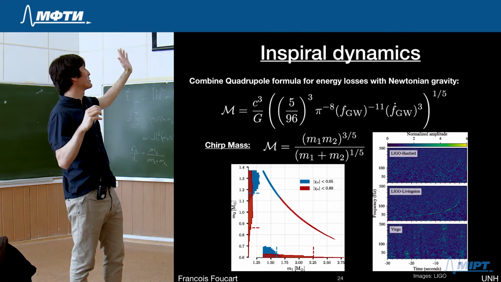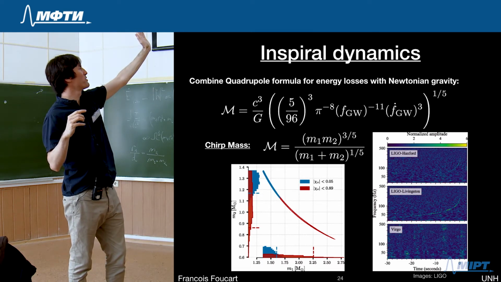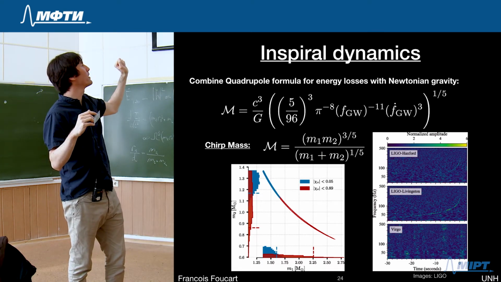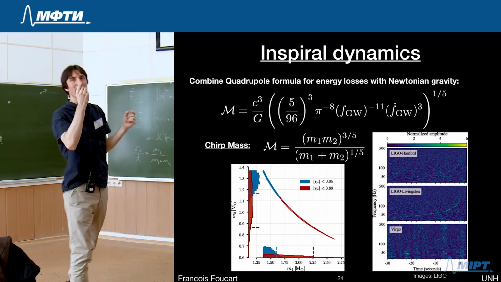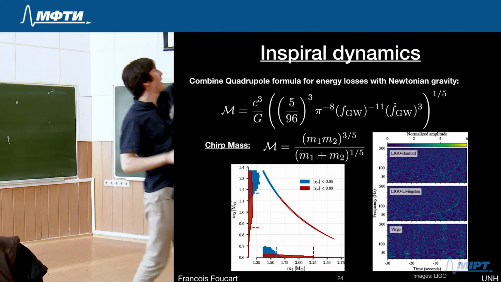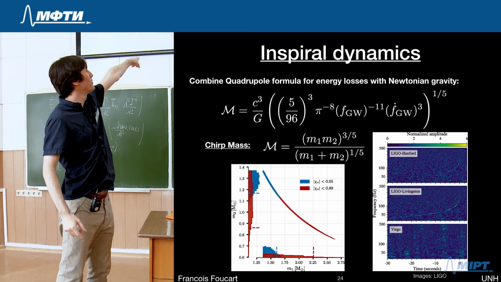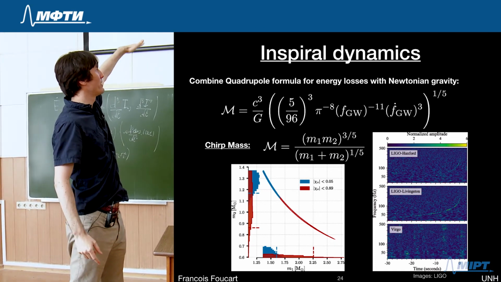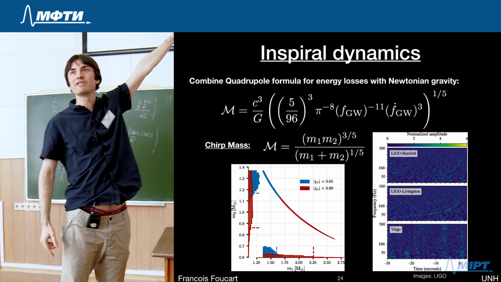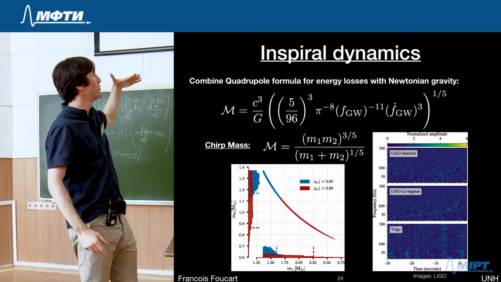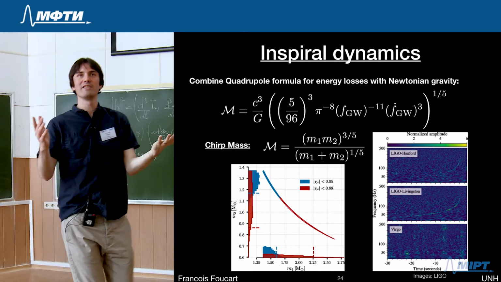Okay? If the chirp mass was a little bit higher, that curve would be shifted up. If it was a little bit lower, it would be shifted down. And if the chirp mass was a little bit higher, that track of the neutron star merger would look very different. It would evolve a lot faster. If the chirp mass was a bit lower, it would evolve a lot slower. So you would immediately see the difference.